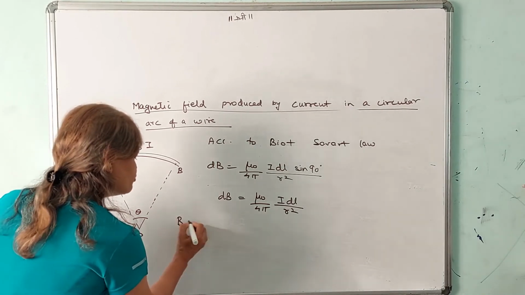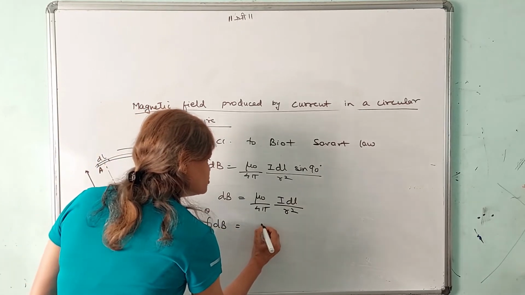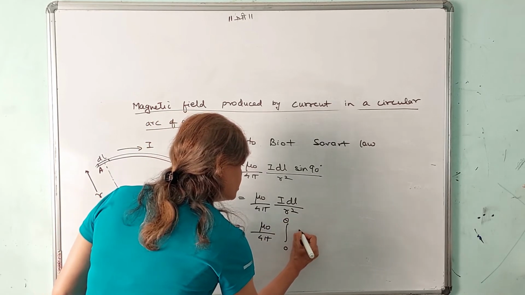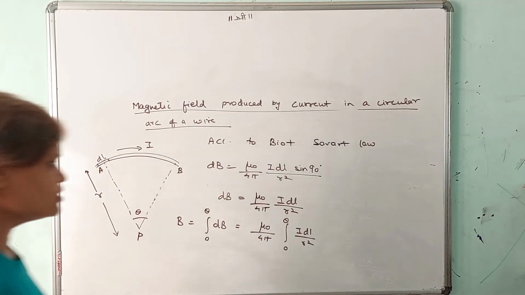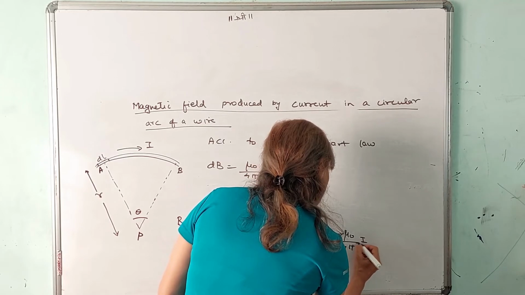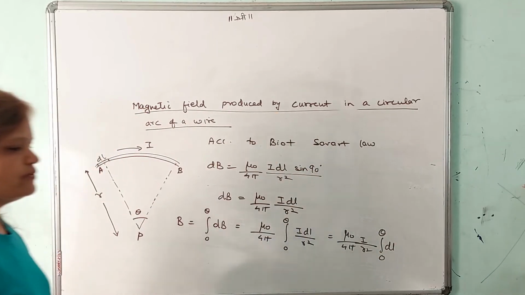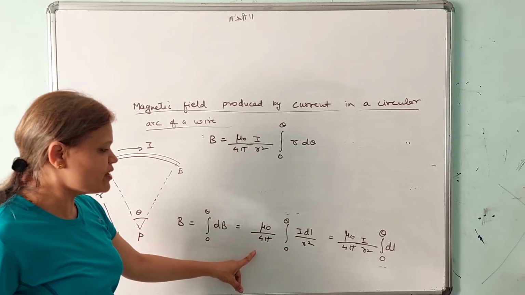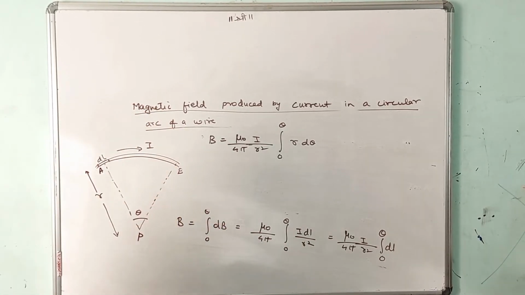So the total magnetic field is the integral from 0 to theta of dB, which is mu naught by 4 pi, I by R square, integral dl from 0 to theta. Mu naught by 4 pi I by R square I have taken out of the integration, and what remains is dl.